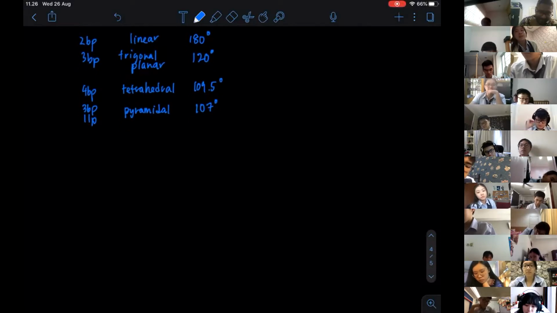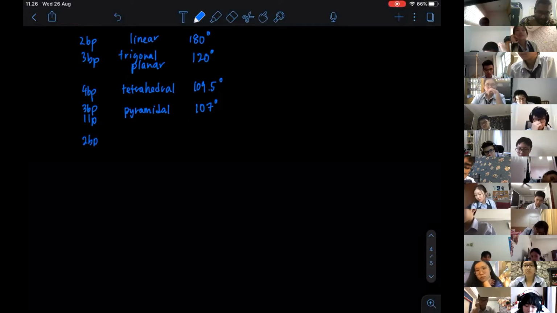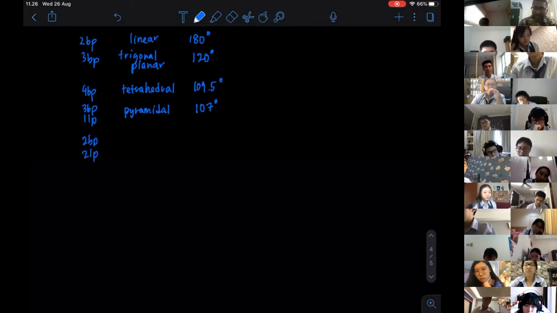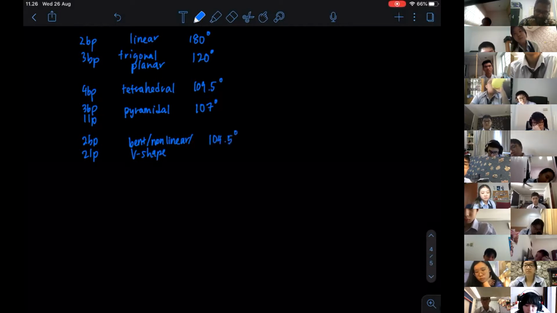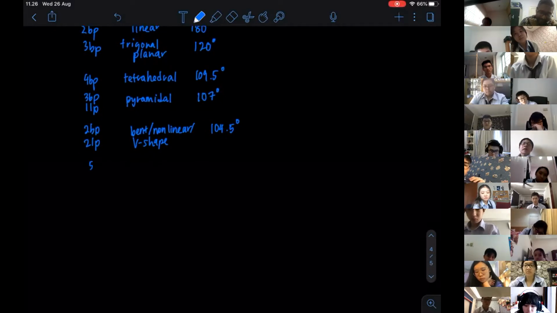Okay, Nicholas Chai. 2 bonding pairs and 2 lone pairs is another variation of 4 bonding pairs. What is going to be the shape? Bent. You have 3 different names: bent, non-linear and V-shape. The bond angle is, Nicholas? 104.5 degrees.